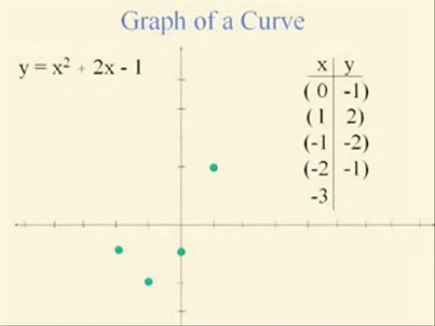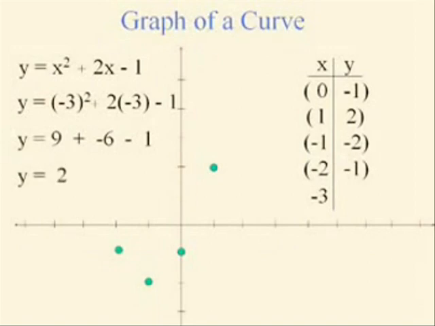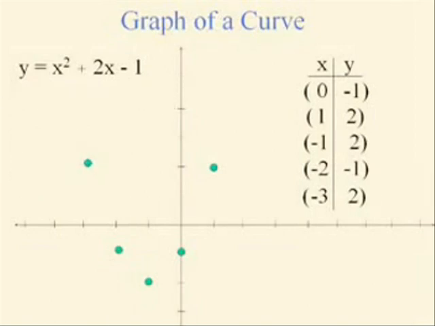Put in negative 3. See if it comes back up. Negative 3 squared is positive 9, and 2 times negative 3 is negative 6, and all that equals a positive 2. So let's go back 3 and up 2, and I still have a curve. It's just in a different place.